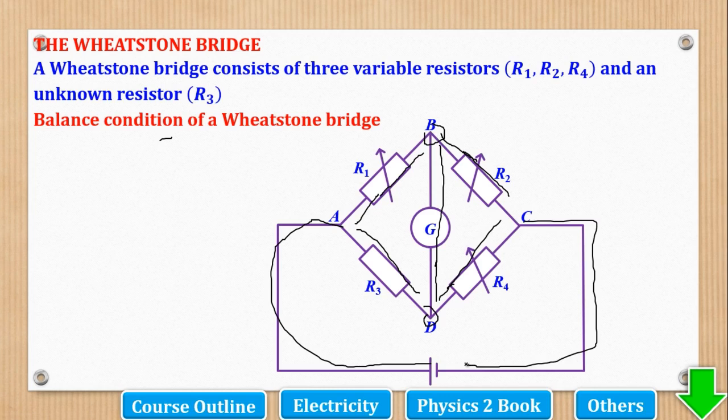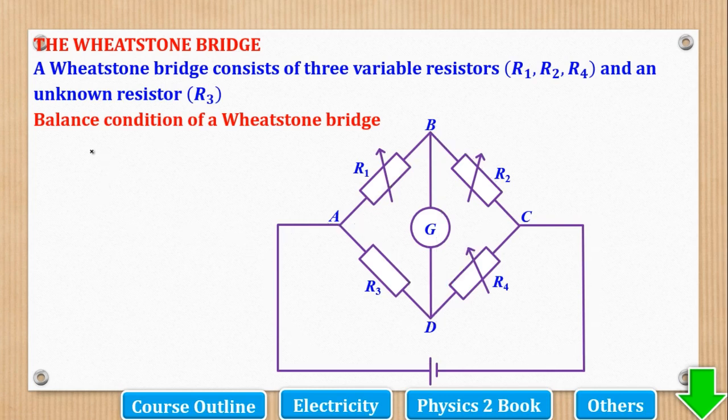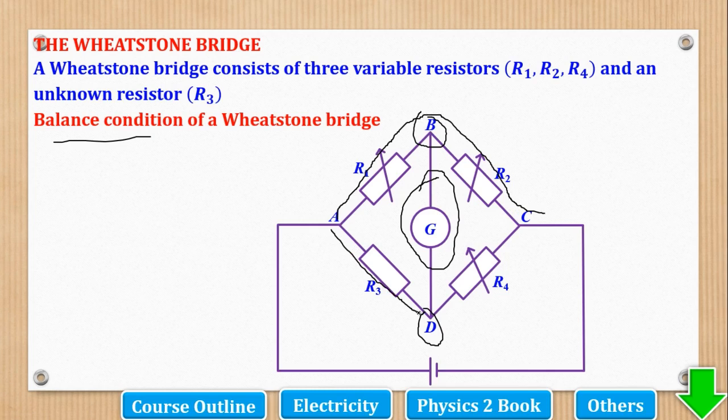In what we call the balance condition, our interest is to make sure that no current goes through this galvanometer. That is why these resistors are variable, so they will be adjusted until the potential at B is the same as the potential at D. When that happens, it implies that all the current which passes through R1 will be the same current that goes through R2, and all the current which passes through R3 will be the same current that goes through R4, and no current will go through the galvanometer.